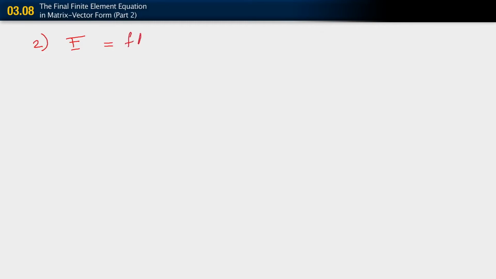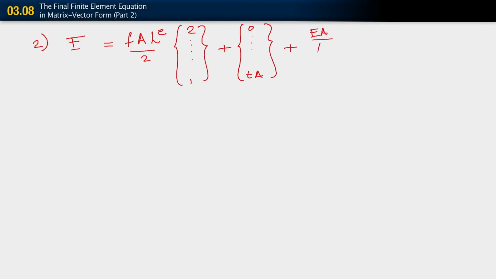It's FA HE over 2 times 2 going all the way down to 1, plus 0 all the way down to TA in the last entry, plus EA over HE multiplying our Dirichlet boundary condition U0 and zeros all the way down.